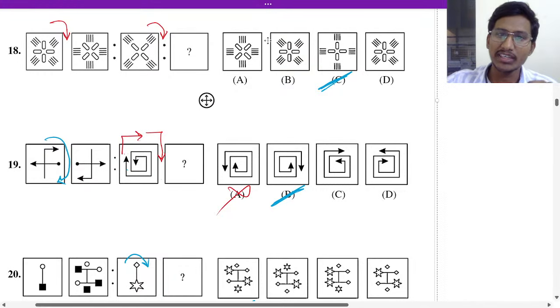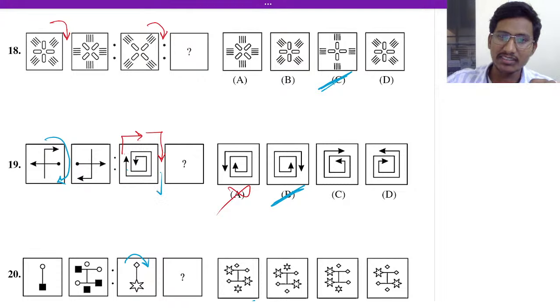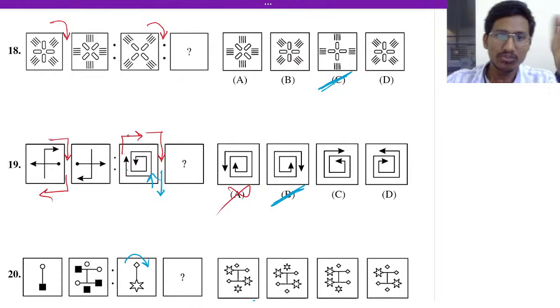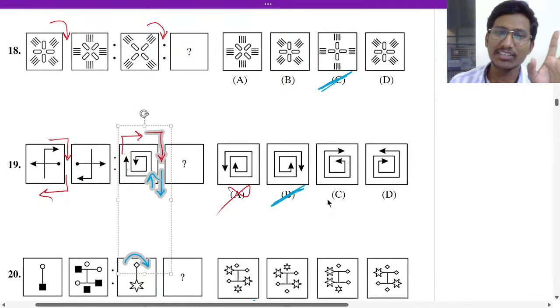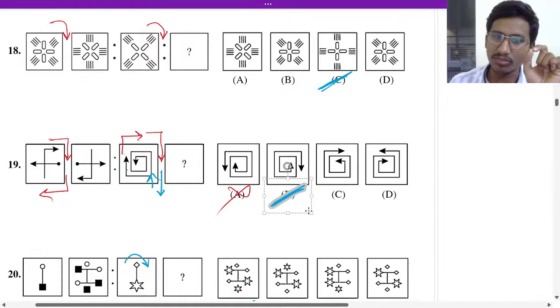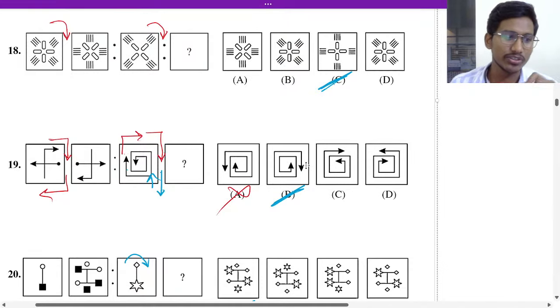It will point downwards like this, and then this will point upward. I hope you understood. Two times we are rotating here, from here to here, and then here to here. So same way you have to rotate two times. That is why it will come in the right side corner. The right side corner is option B here. So that is why the answer is option B for the 19th.